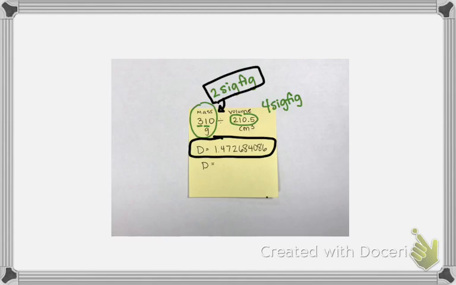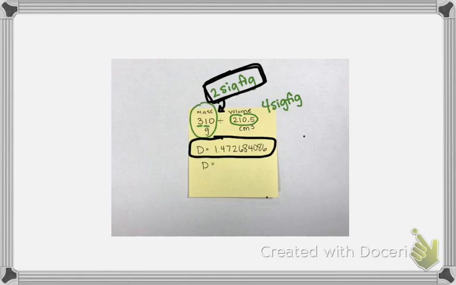So since I only have 2 sig figs here, it doesn't matter that we have 4 here. This is limiting me to where my answer can only have 2 significant digits, which means that I only get to keep the ones place and the tenths place, okay?